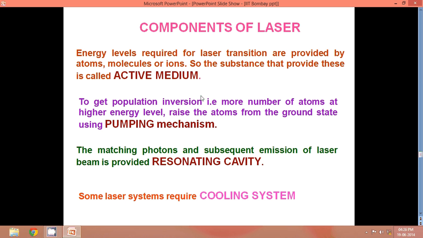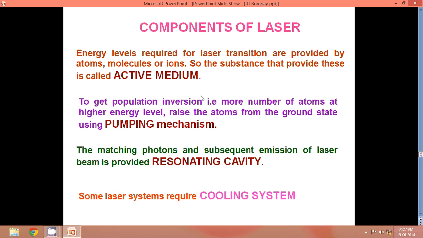To get laser light or lasing action, we require certain points. These are called components of laser. A laser system consists of the following components. To excite atoms, we want a substance that can provide atoms, molecules, or ions.